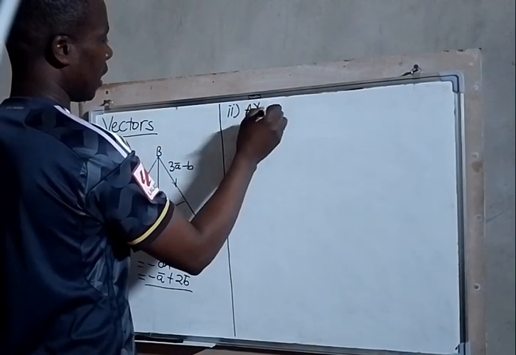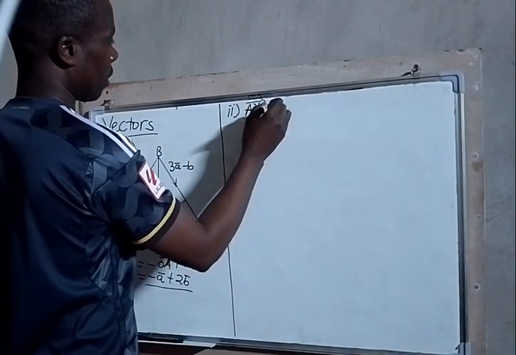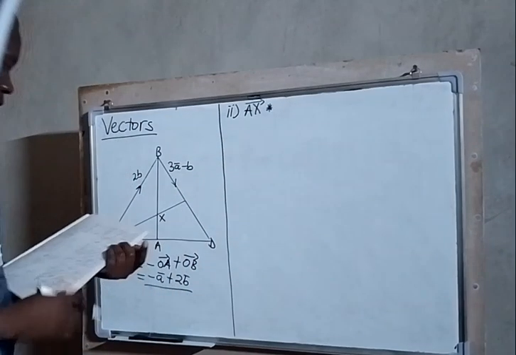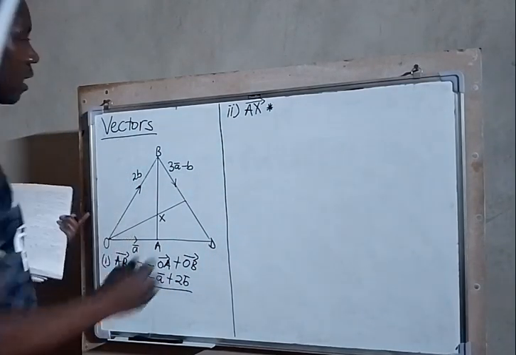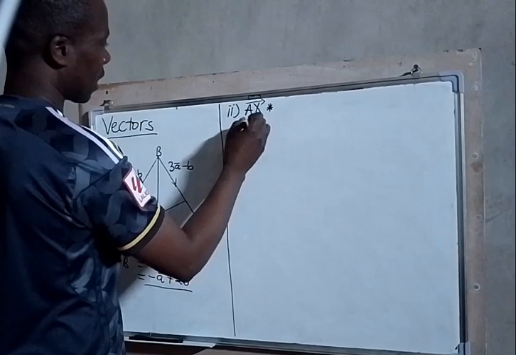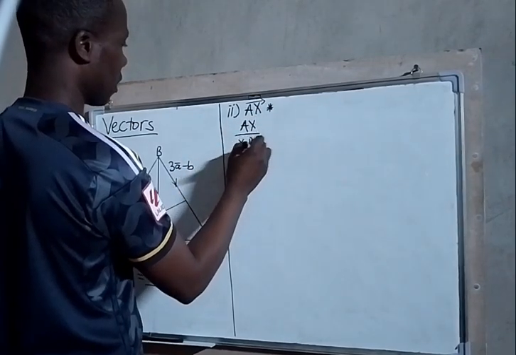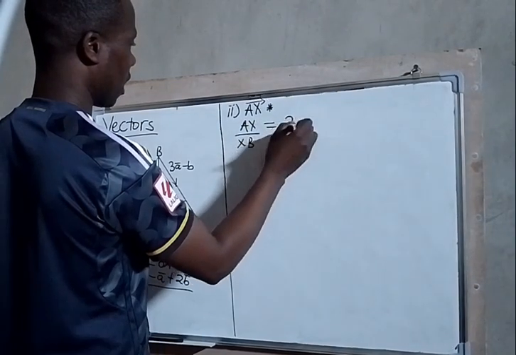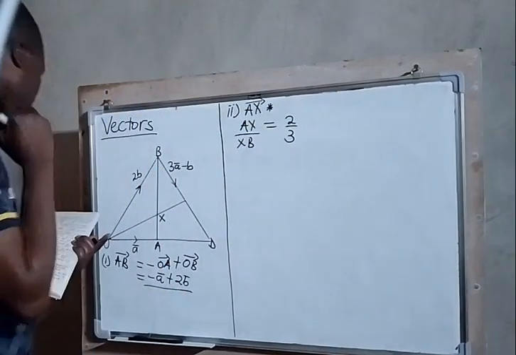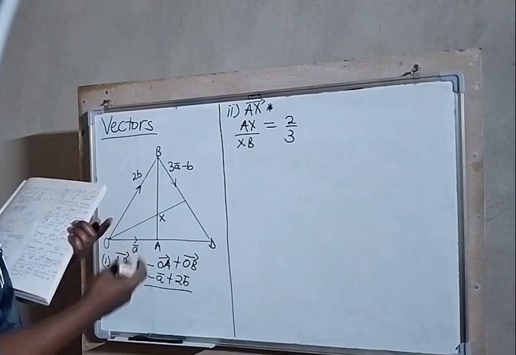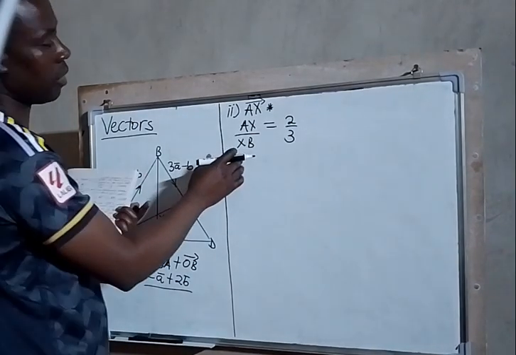Now, number 2, vector AX. We are given in the notes there that AX over XB is equal to 2 over 3. We want to find the ratio AX is to XB.